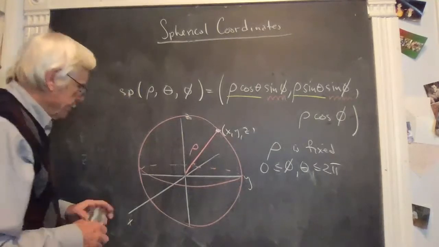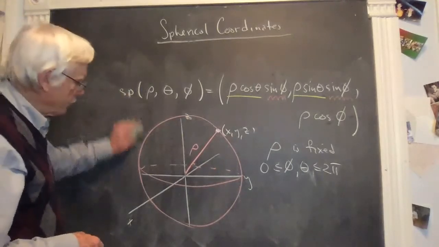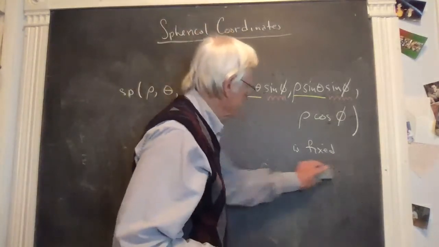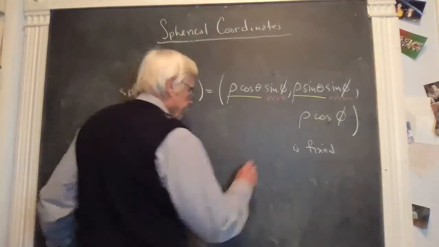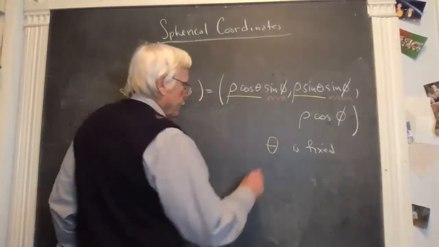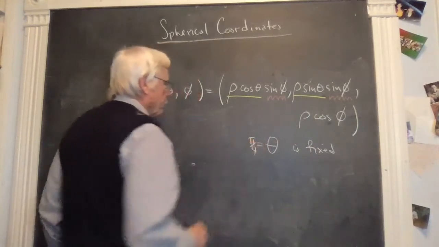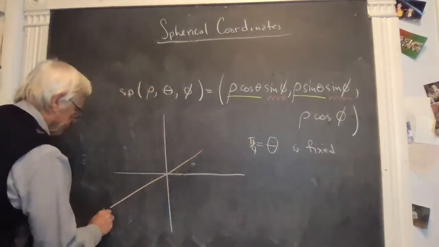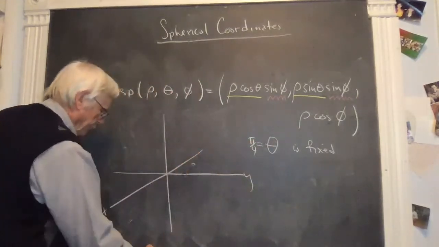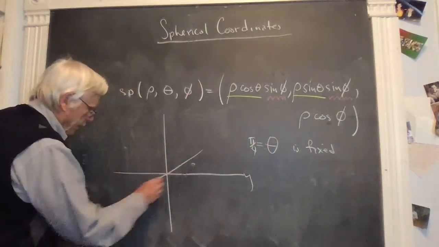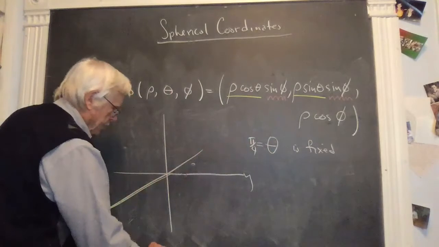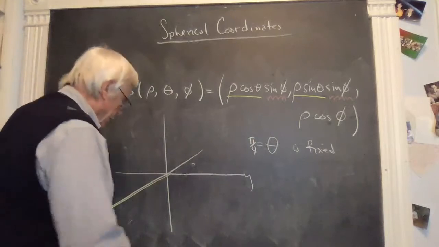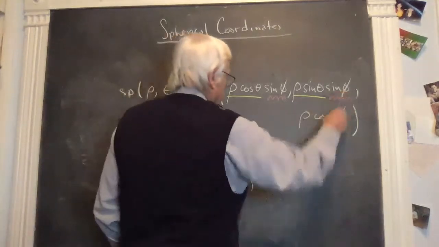Let's take another look. Let's fix theta and see what we get. So erase this picture. We'll let the other two vary. And for the moment, let's just take pi over 4 so that we're looking at something. Identifying the polar line again with the x-axis. Okay, so let's look at theta equal pi over 4. Well, one point that satisfies that is when phi is pi over 2.